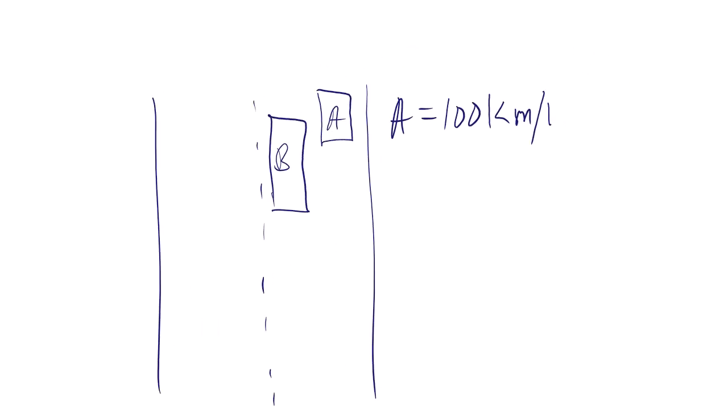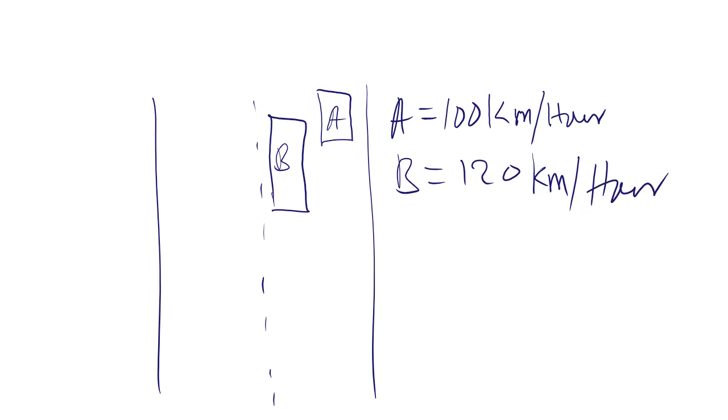Let's label them: here is B and this one is A. So car A moves at 100 kilometers per hour, while B moves at 120 kilometers per hour.